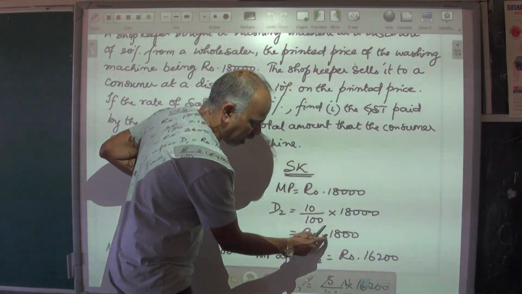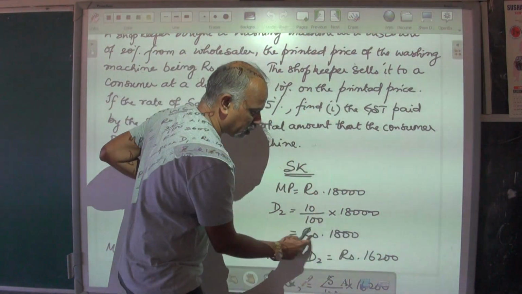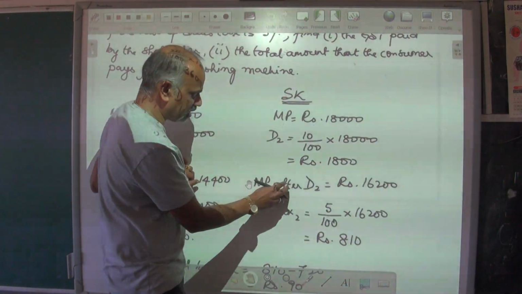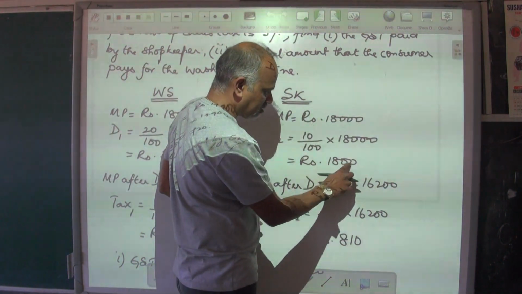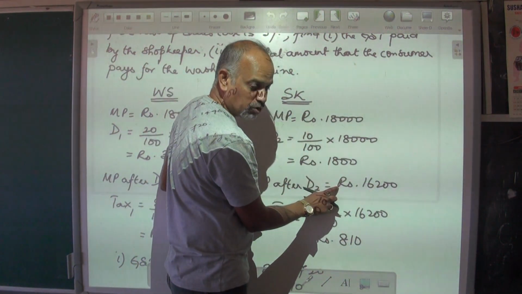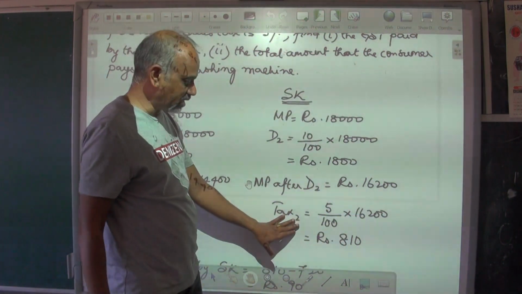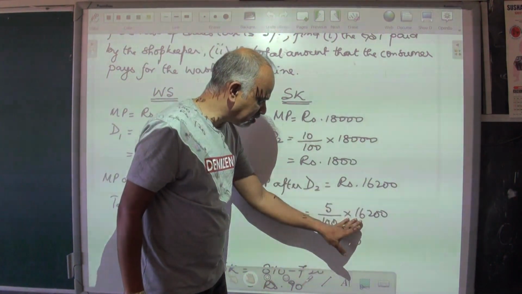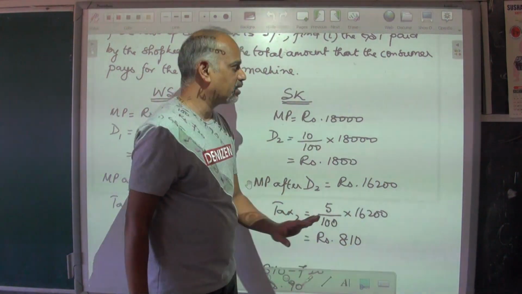That gives you rupees 1,800. So he sells it for 1,800 rupees less. So the mark price after discount is the actual price 18,000 minus the discount 1,800. Subtract both of them. That will give you rupees 16,200. And the tax in the second case, same percentage, 5%, 5 over 100 of 16,200. That on simplification gives you rupees 810.